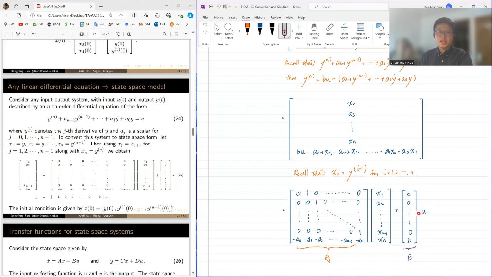Here, the matrix A is an n by n matrix consisting of three things: an n minus 1 by 1 zero vector, an n minus 1 by n minus 1 identity matrix, and a 1 by n vector consisting of all the coefficients of the LCC ODE. On the other hand, the B matrix is an n by 1 vector with all elements as 0 except for the element in the last row as b.